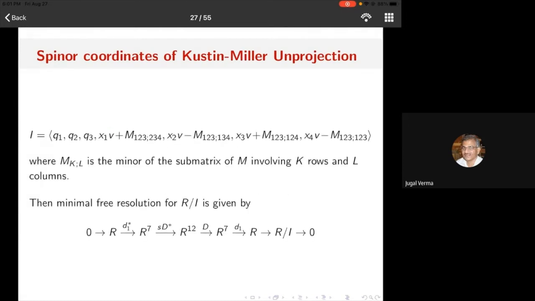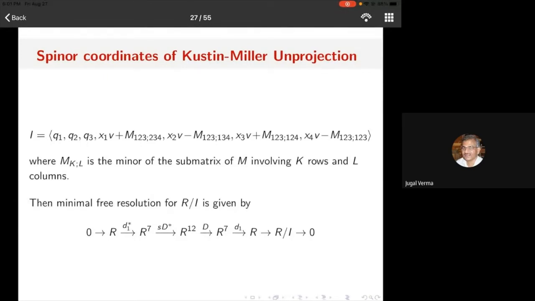Then the ideal looks in this format, where M123, M234 are the 3 by 3 minors involving the first, second, third rows and second, third and fourth columns, and similarly the others. And the resolution for this I is of the form 1, 7, 12, 7, 1.